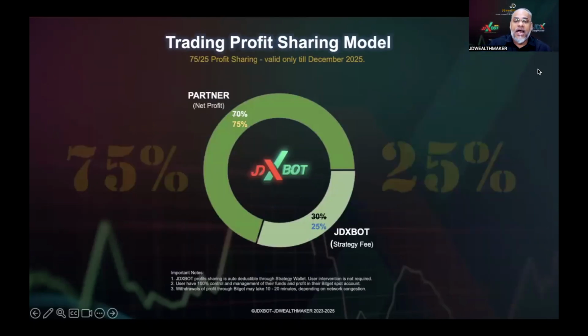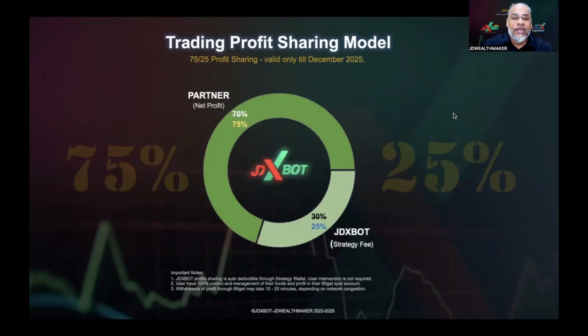Now, please understand, as I mentioned earlier, there is a profit sharing involved. When it comes to trading, every time a trade closes in profit, please understand, only when it closes in profit, there will be a 75-25 profit sharing.